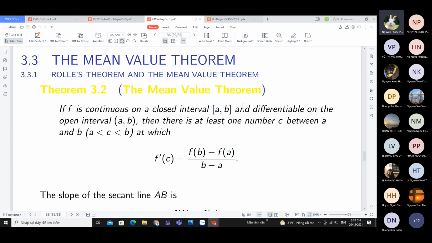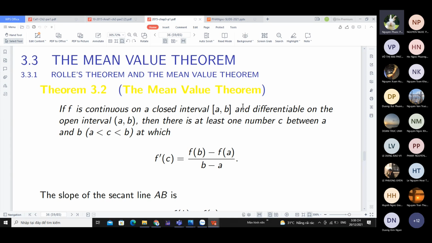This quotient gives you the slope of the secant line that goes through A and B. Here A is the point with coordinates (a, f(a)), and B is the point with coordinates (b, f(b)).